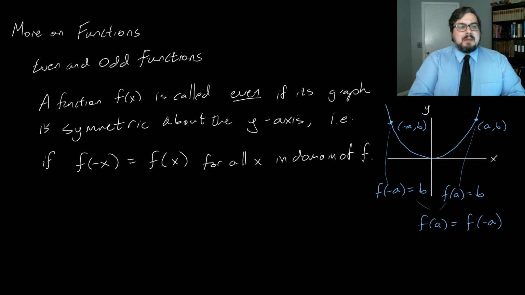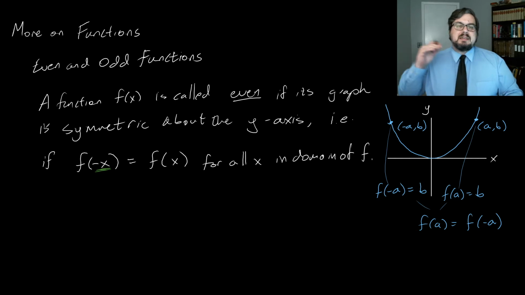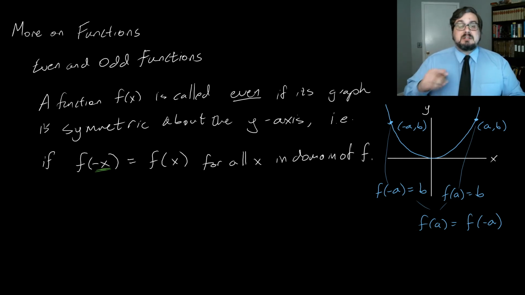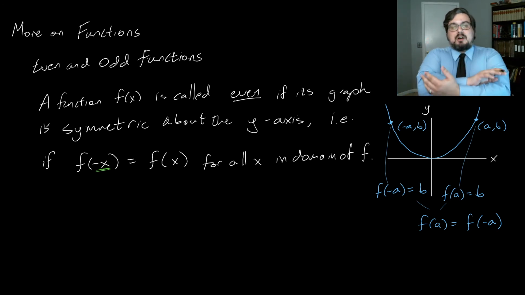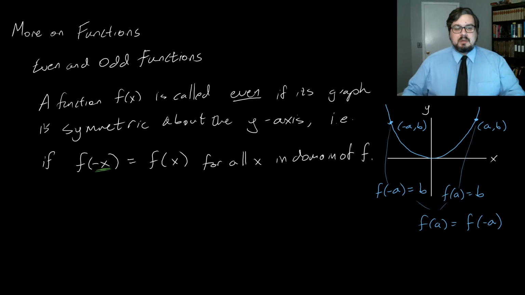So remember that when we looked at the transformations of functions, putting a negative 1 in front of the x, in front of the input to the function, reflected the graph across the y-axis. What an even function has going for it is that when you do that, when you reflect the graph across the y-axis, nothing changes.